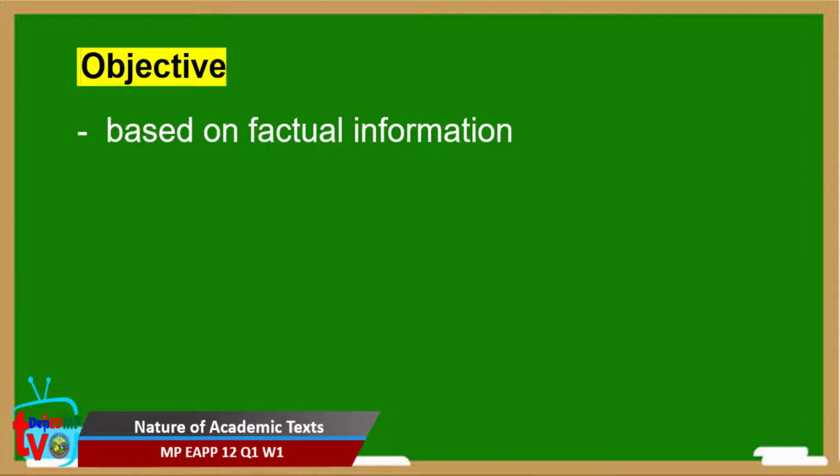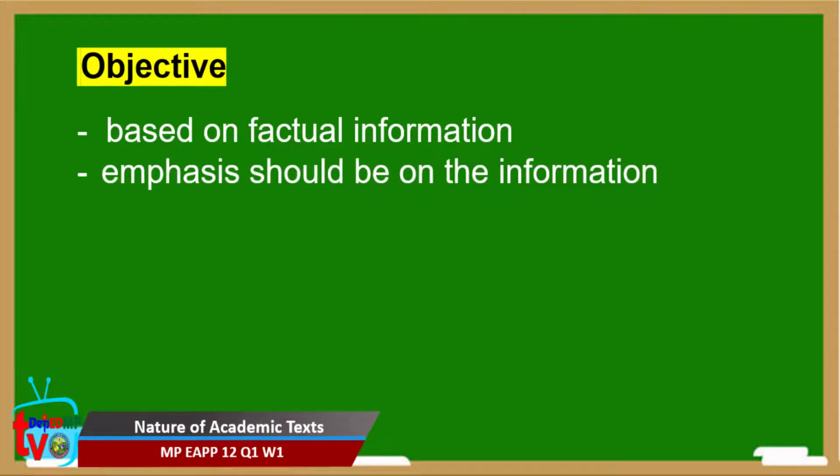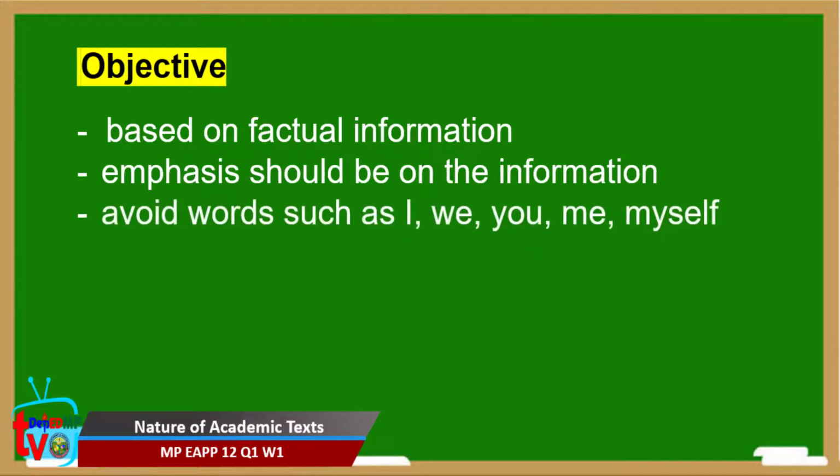Therefore, it has fewer words that refer to the writer or the reader. The main emphasis should be on the information that you want to give and the arguments that you want to make. In general, avoid words such as I, we, you, me, myself.